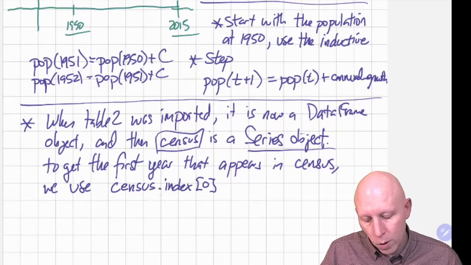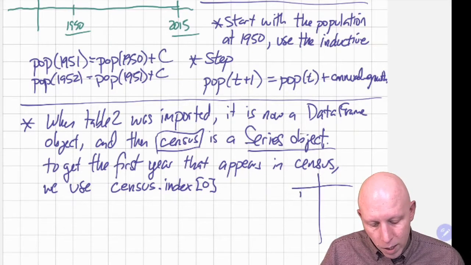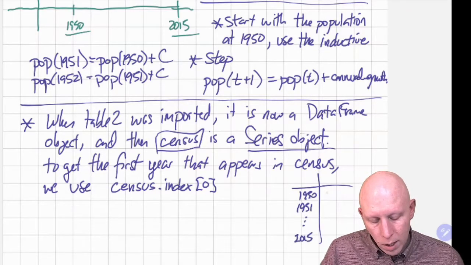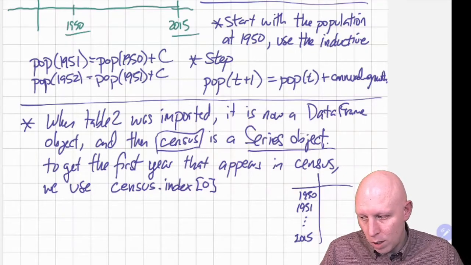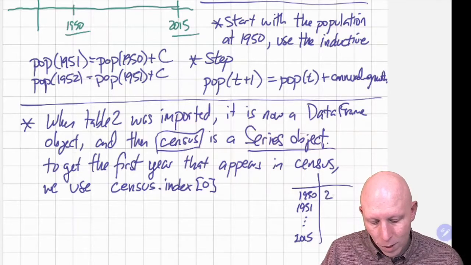All right, and so what this is doing is, if you remember, we have the census data. It has 1950, 1951, all the way up to 2015, and then it has the populations at these places. So I think I have some of that information here. Let's just say 2.5 and then 7.2.